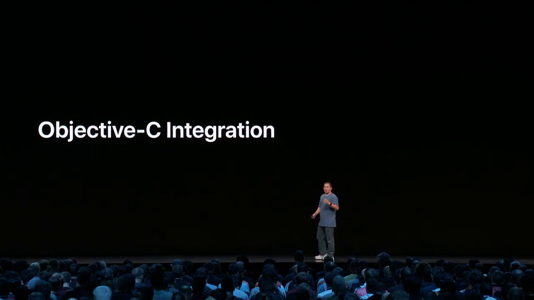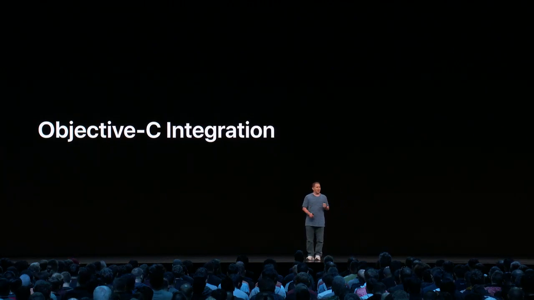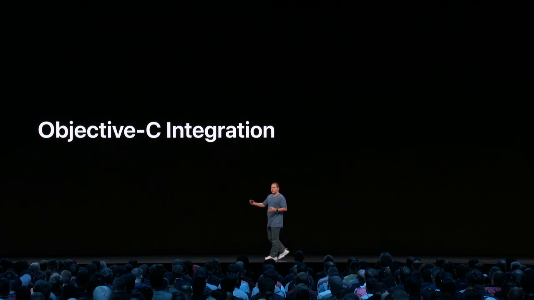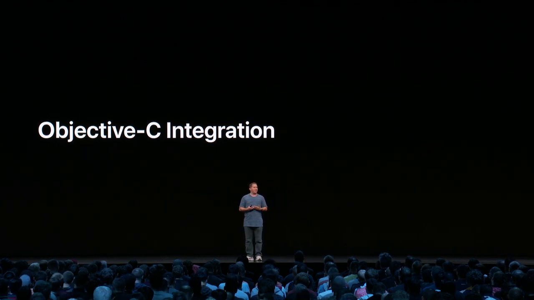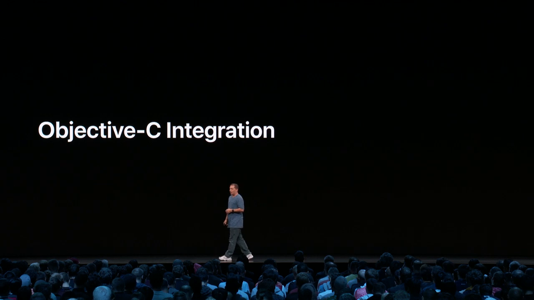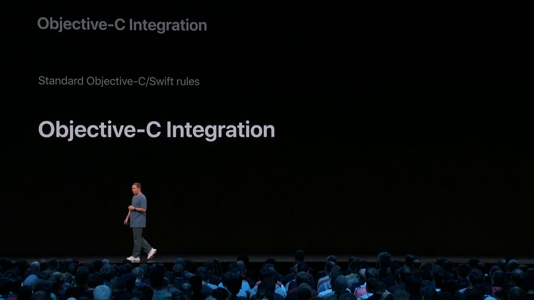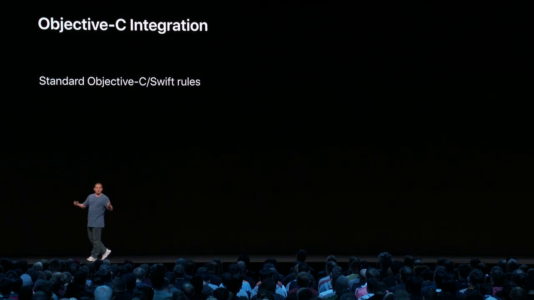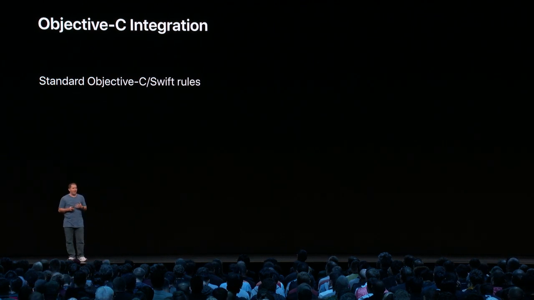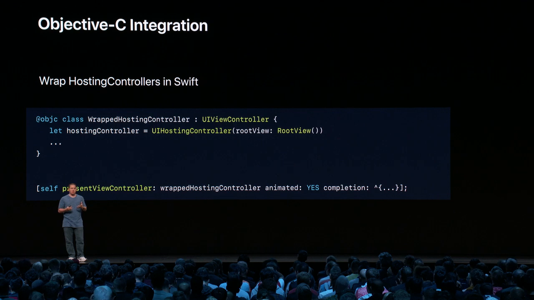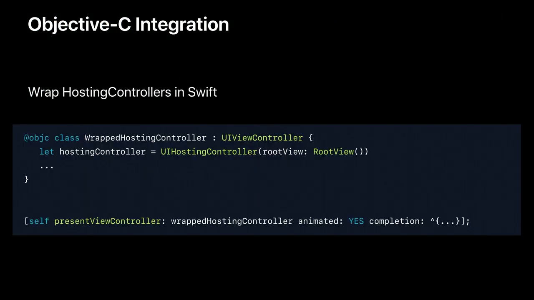Now, SwiftUI is obviously a Swift-based API, but we know that you already have a lot of Objective-C code out there. And Objective-C and Swift can already be integrated together quite well. Likewise, you can use SwiftUI with your Objective-C code as well. The standard Objective-C Swift integration rules apply. And basically what that means as it concerns SwiftUI is that you'll need to wrap your hosting controllers or your hosting views in Swift.